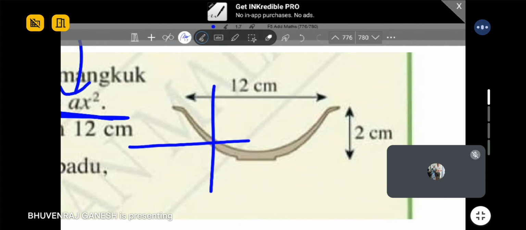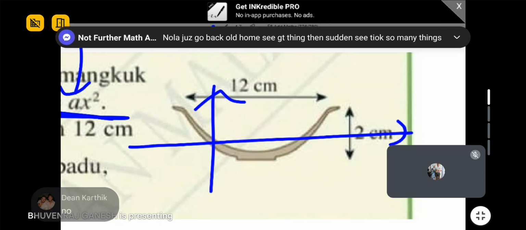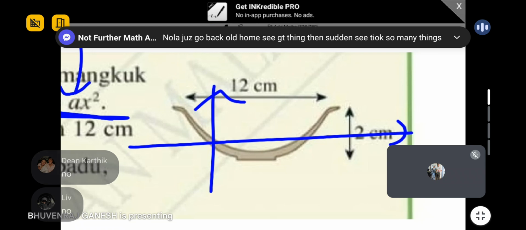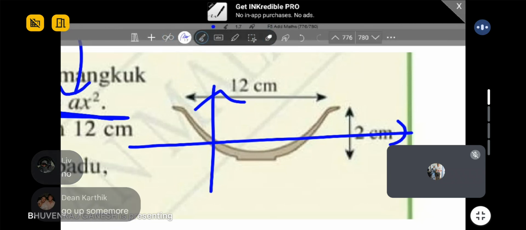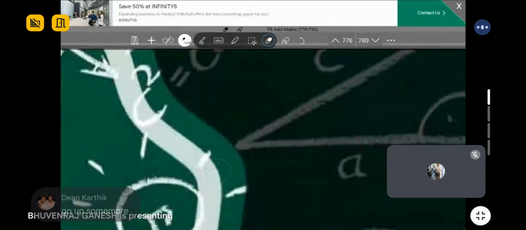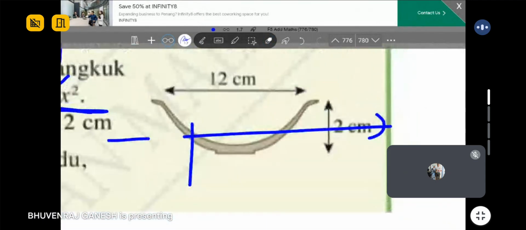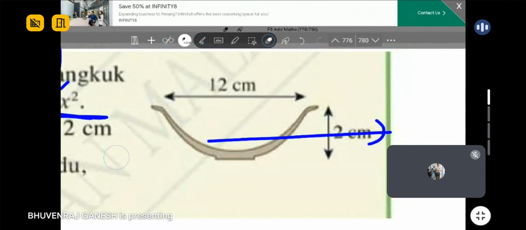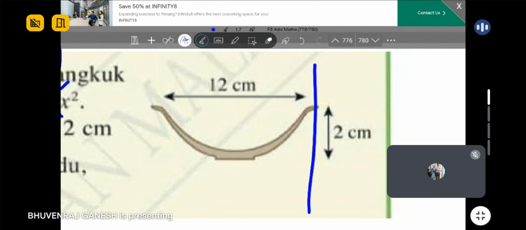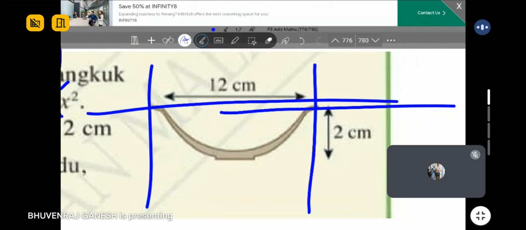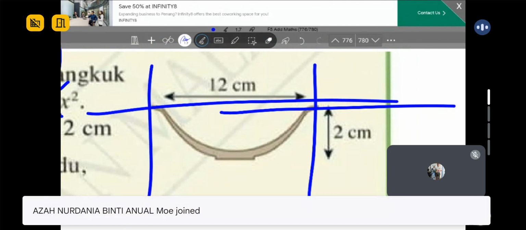Can I place it like this? Correct or not? No. Okay, remember how to place the axis. If you place at the corner, yes. Okay, you go up some more. You place it at the most top hand corner, so that is easier. Actually you can place it at two areas. You can place it here or you can place it here. Both also can. Kedua-dua pun betul.